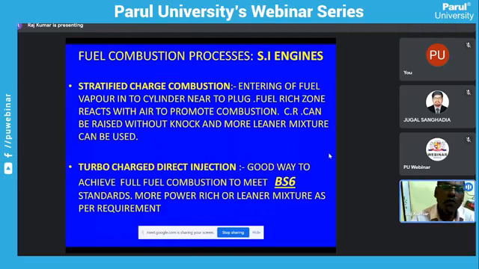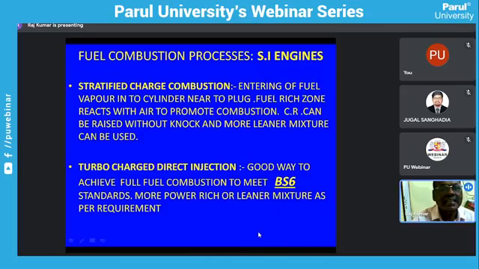Then we have one more advanced combustion process called stratified charge combustion, where the fuel is sprayed near the spark plug because the fuel has to burn.